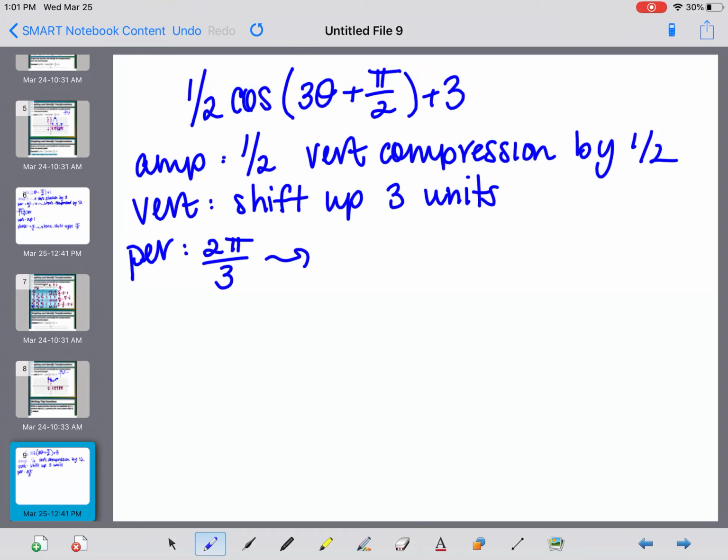So we had 2 pi space to do our cycle in.